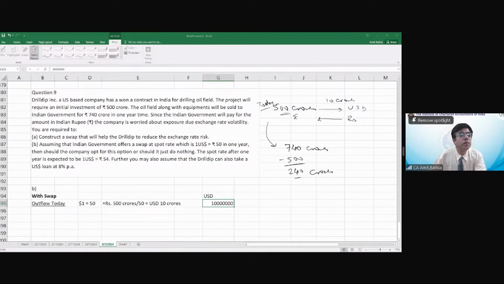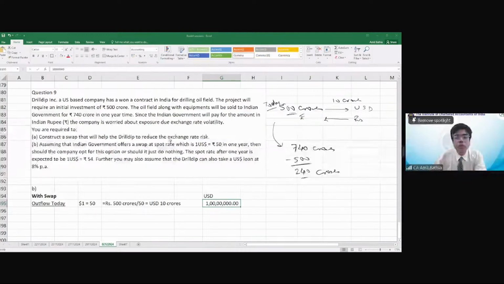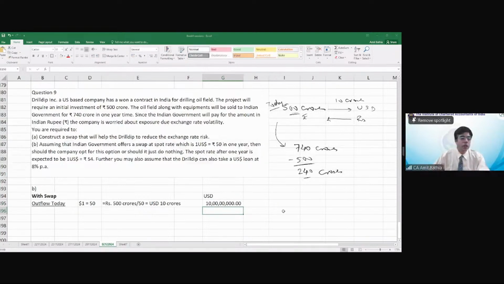This is 1 crore. I need to add one more zero. Okay, so 10 crores. So this is my outflow today. What will be my inflows due to the swap? Remember, the swap is going to cover only till 500 crores, but that is going to be at $1 equal to 50.